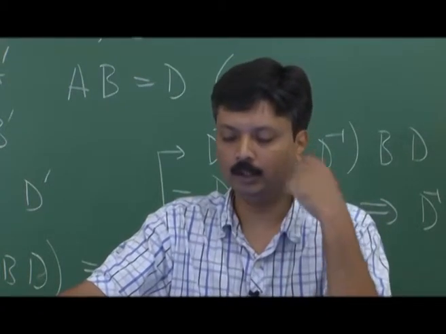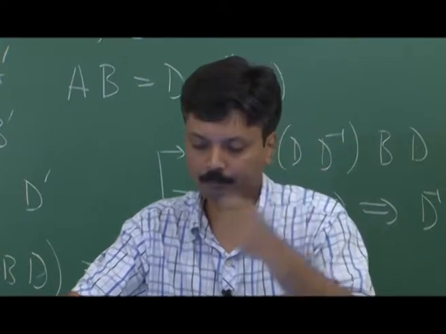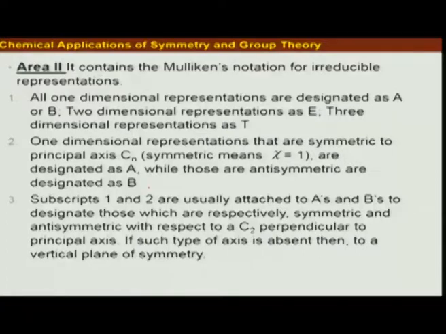So, next we look at the characters of the irreducible representations with respect to the C2s perpendicular to the principal axis of symmetry. If the characters of the one dimensional representations with respect to the C2 primes are symmetric, that means plus 1, then they will be given subscript 1. If it is antisymmetric, then a subscript 2 will be given. Okay.